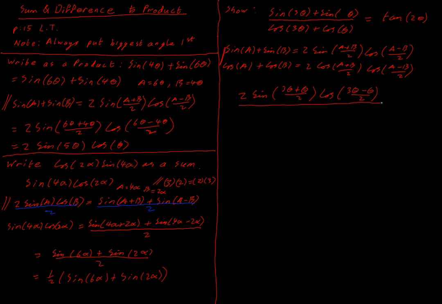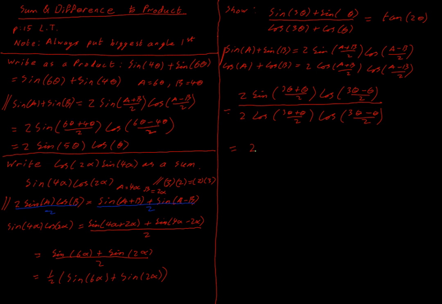Bottom line, 2 cos 3 theta plus theta all over 2 cos of 3 theta minus theta all over 2.